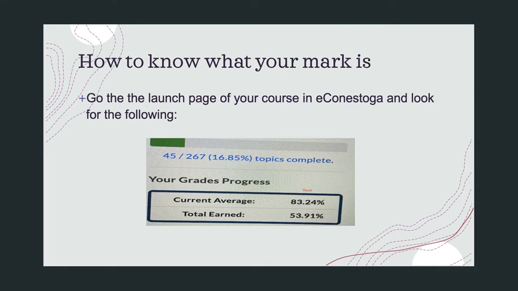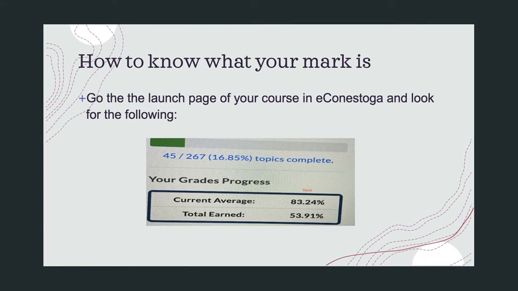You'll notice that on the right-hand side there is a section called your grades progress. Always pay attention to what your current average is. Ignore the total earned, because your average is the tasks that you have actually completed, and it takes the top number and divides it by the bottom number. The total earned is that mark out of 100.